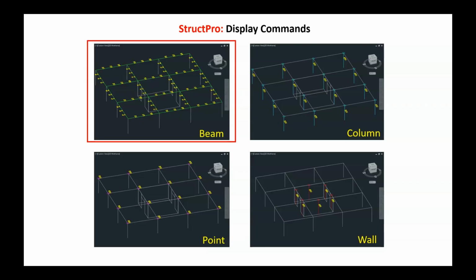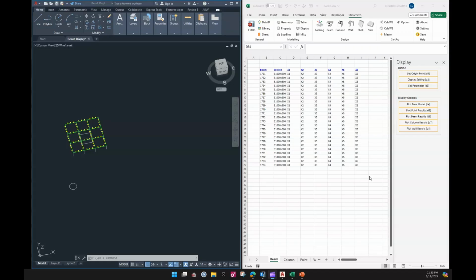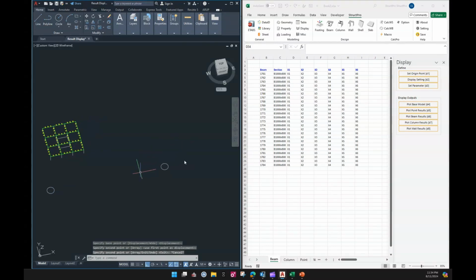In the second example, we will export data results for column. First, establish the origin point and base model, following the same steps as in the previous example.